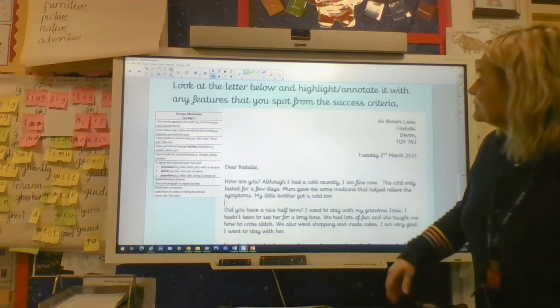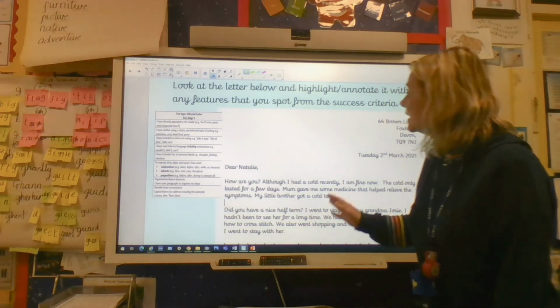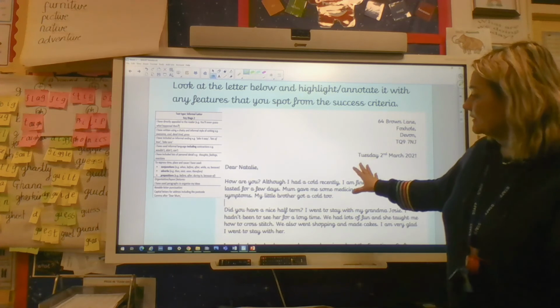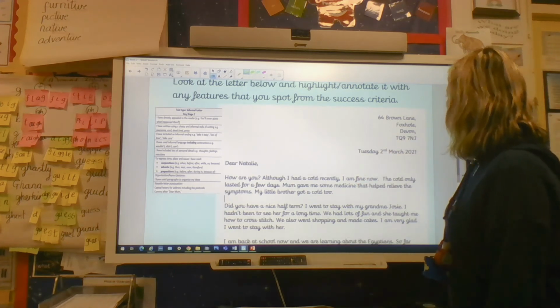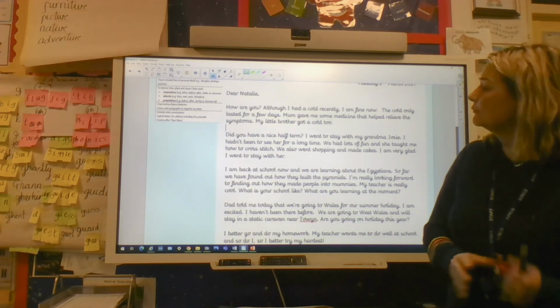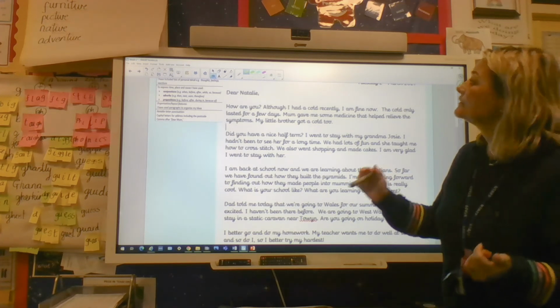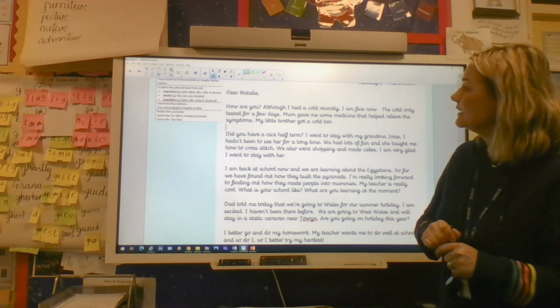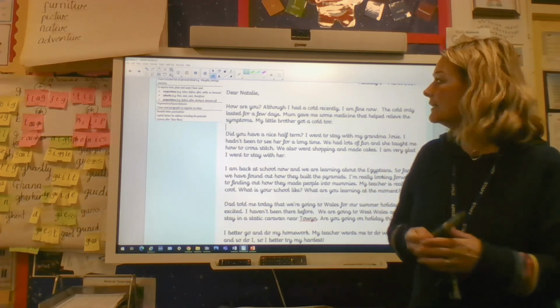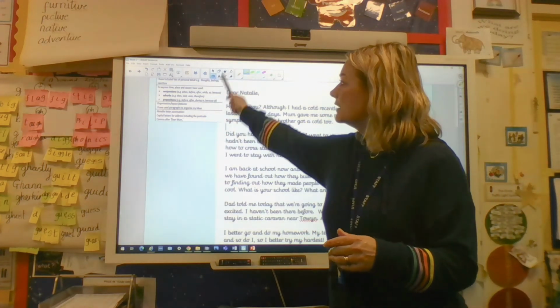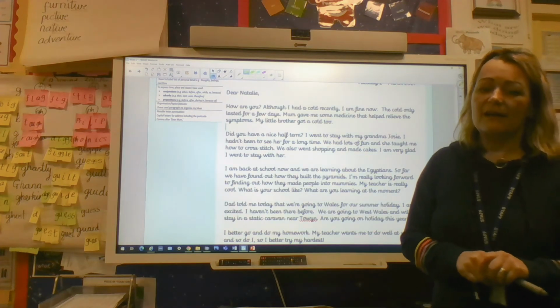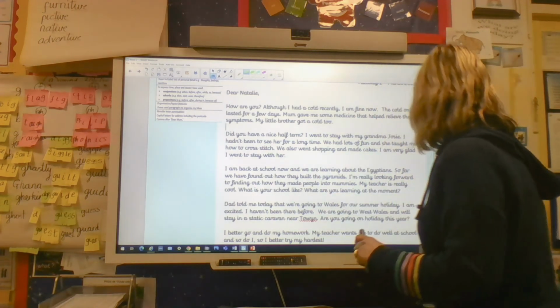And then you come to your main task today, which is to look at this letter. So you will need perhaps to print it out and then to highlight it in the same way that I started to on the Nemo letter. Use a highlighter or a coloured pencil, go back and look at the success criteria features that are on the teaching slide.